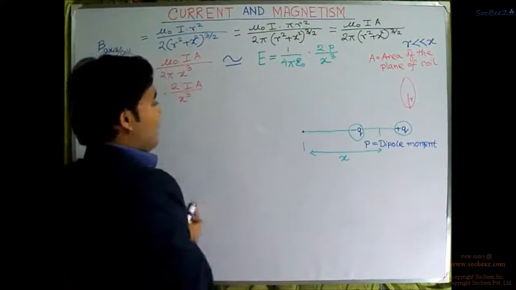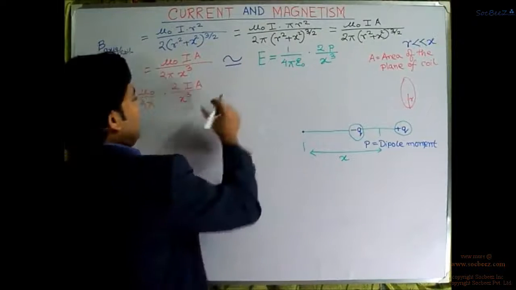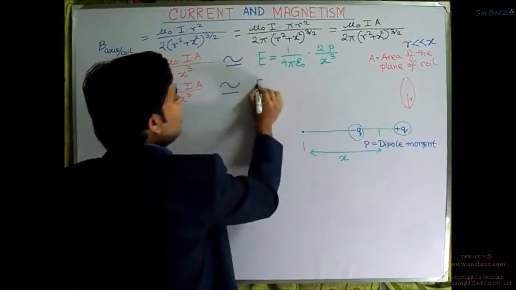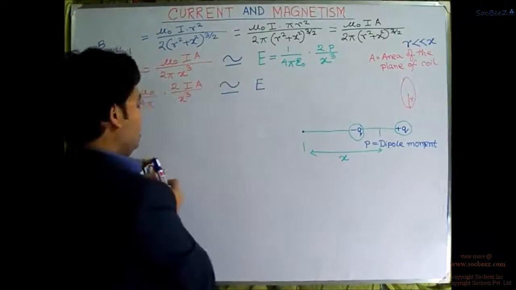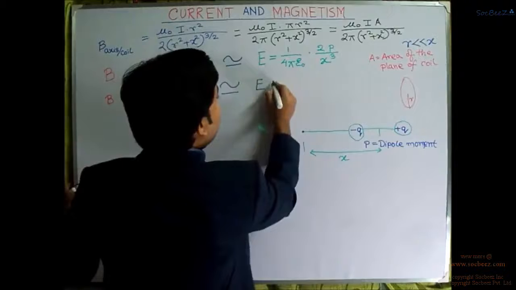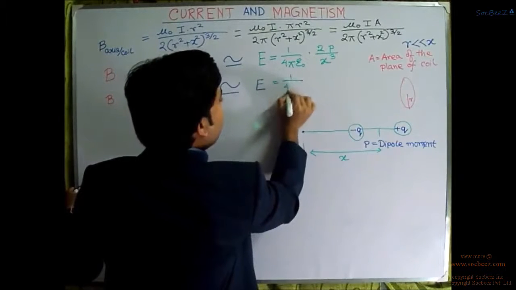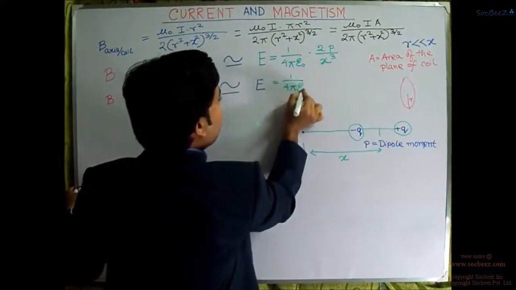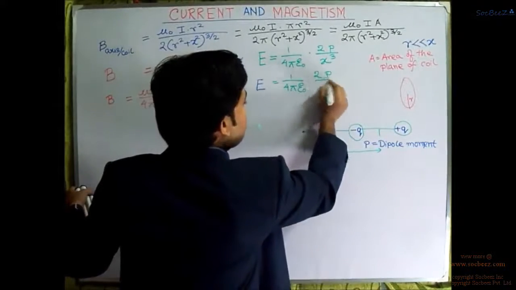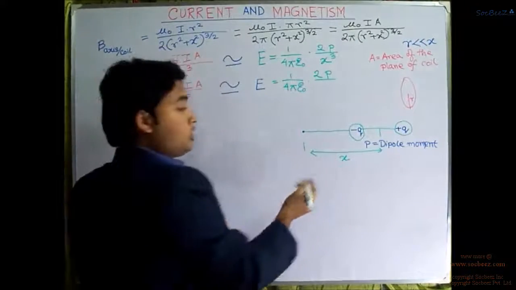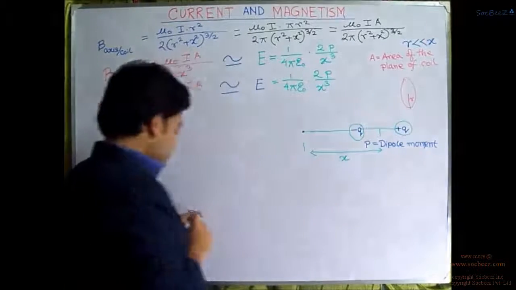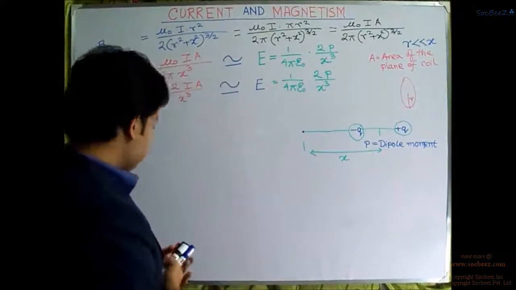Comparing it with E, which was equal to 1 divided by 4 pi epsilon naught multiplied by 2 times the dipole moment divided by x cubed, observe closely.